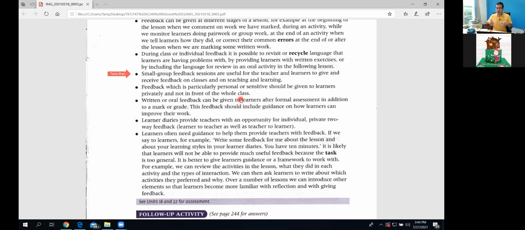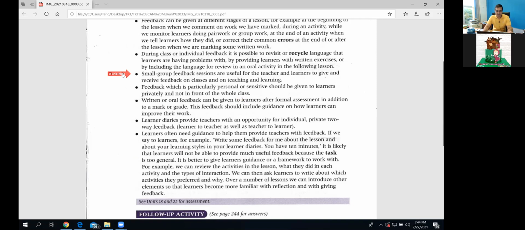So if you give the feedback in front of the class, the student will be embarrassed. And that's the thing you should not do. So in that case, you can do this individual feedback. And why? Because those things need to be told to a student separately and not to expose it.